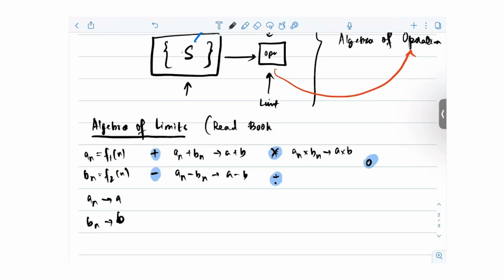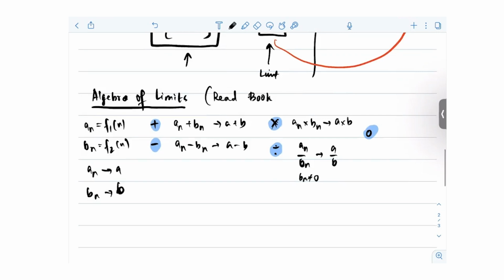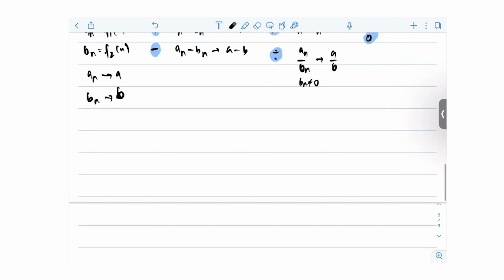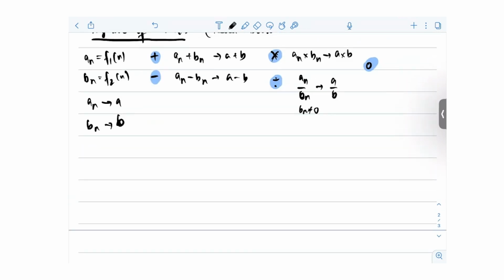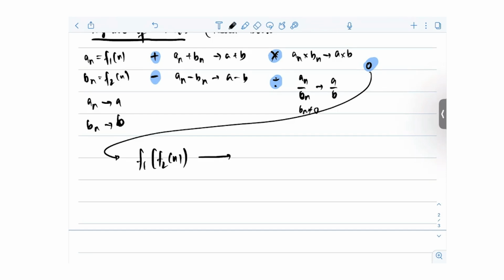Similarly, a_n by b_n goes to a by b, if b_n is not equal to 0. And composition is interesting. You will learn about this in later classes, but the theorem says that f1 composed with b_n goes to f1 of b, where b is where b_n goes, if f1 is continuous.